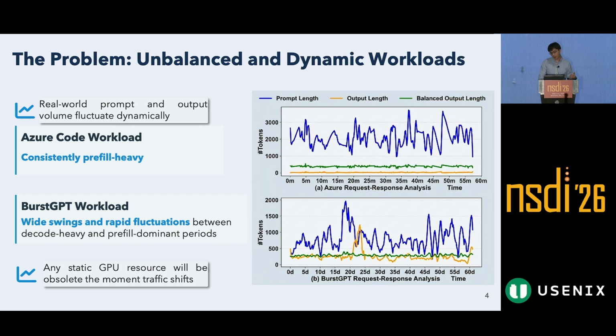Our second workload is BurstGPT, a real production trace. Notice the wild swings. The prompt-output ratio flips between decode-heavy and prefill-dominant periods, sometimes within minutes. The green line marks what a perfectly balanced workload would look like. You can see the real traffic never sits on it.